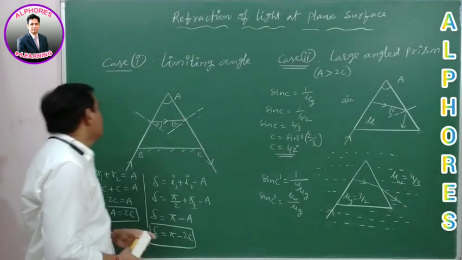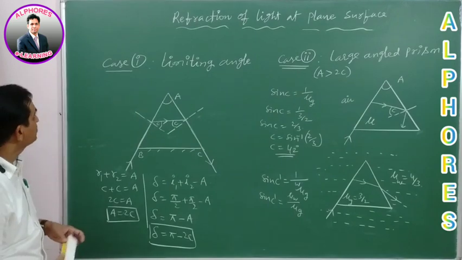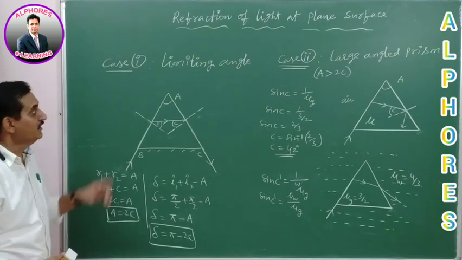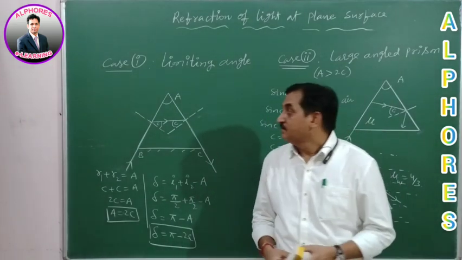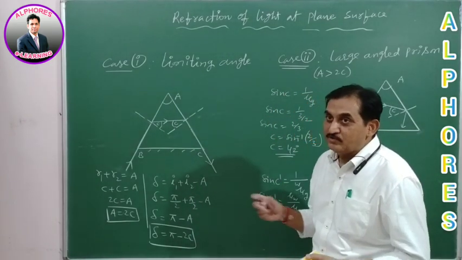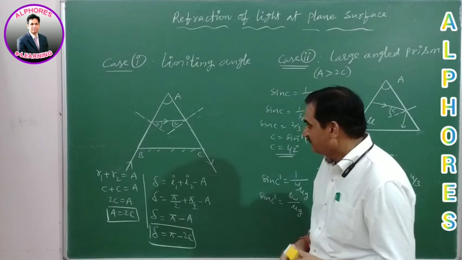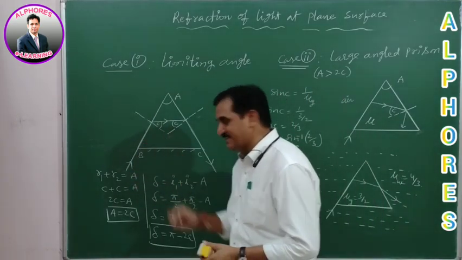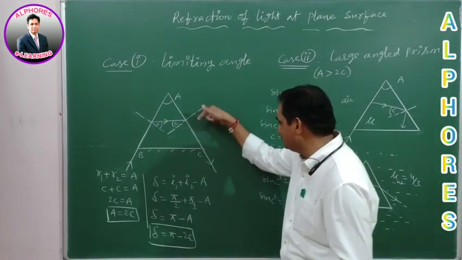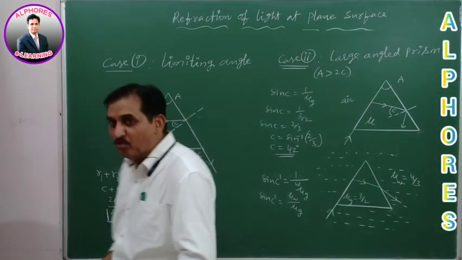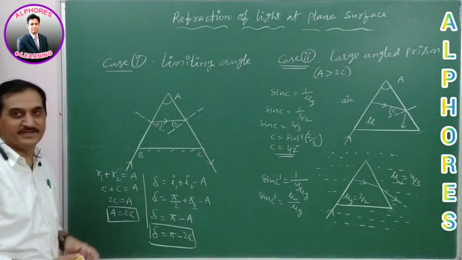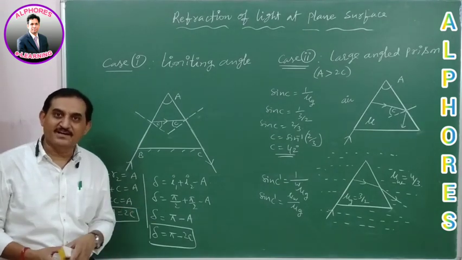Now let us go for special cases. Case number 1, limiting angle. What is limiting angle? This is the angle of prism for which the light is grazing incidence and after refraction it is grazing out of the second refracting surface. If it is so, the angle of prism is said to be the limiting angle.